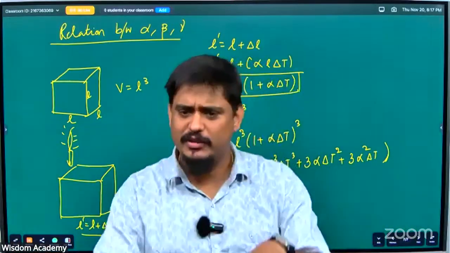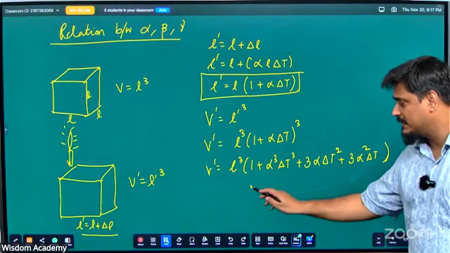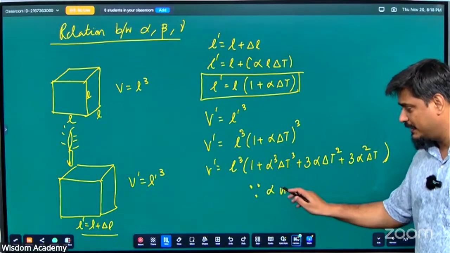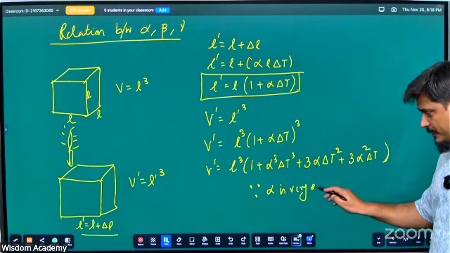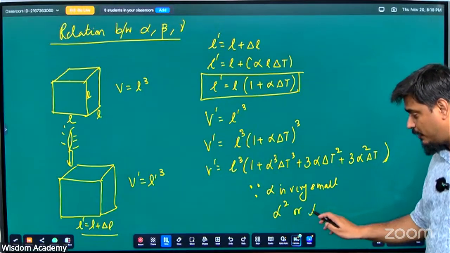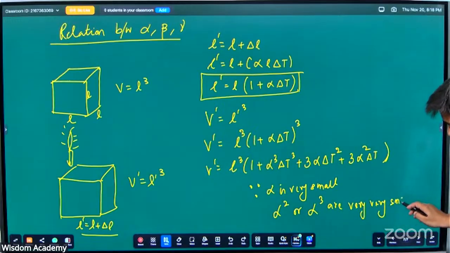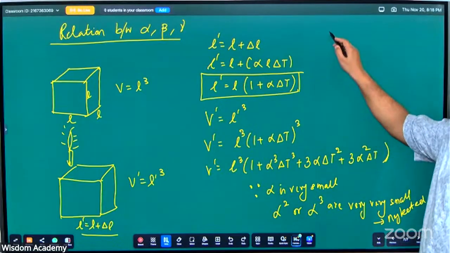Why very small? Since alpha is very small, alpha square or alpha cube are very, very small. So it can be neglected. Are you getting my point? My aim was to neglect it. If I neglect it, what is V dash now?